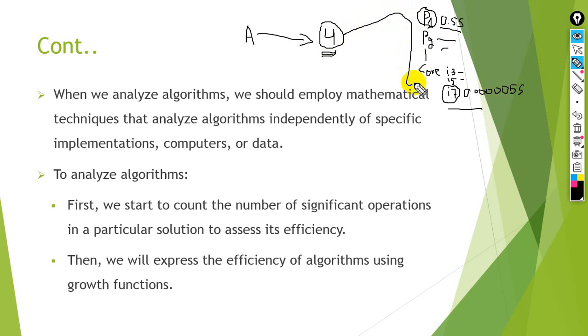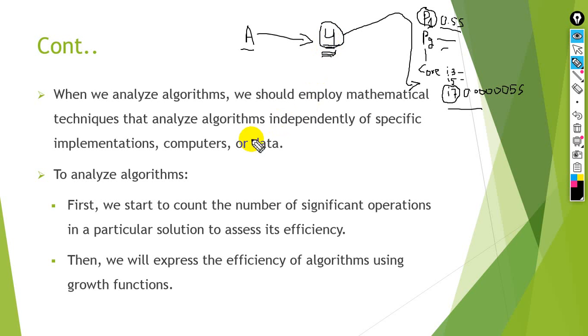This should be independent of computer, independent of implementation. For example, if we apply an algorithm in Python it takes more time, in Java it takes less time. So this will be common for all computers and common for all languages. Whether we apply it in Java, C++ or Python, the time is common. This is independent of language and independent of computer. So the time should be the same for all the computers and all the implementations.